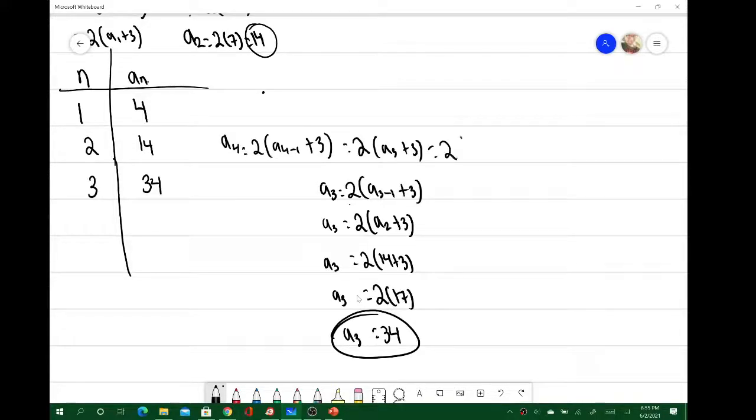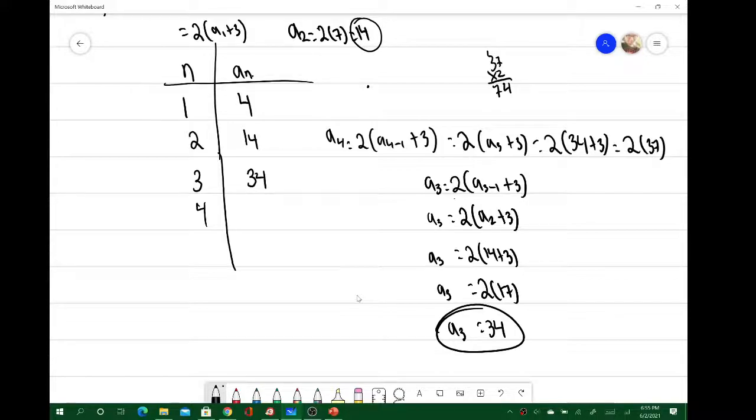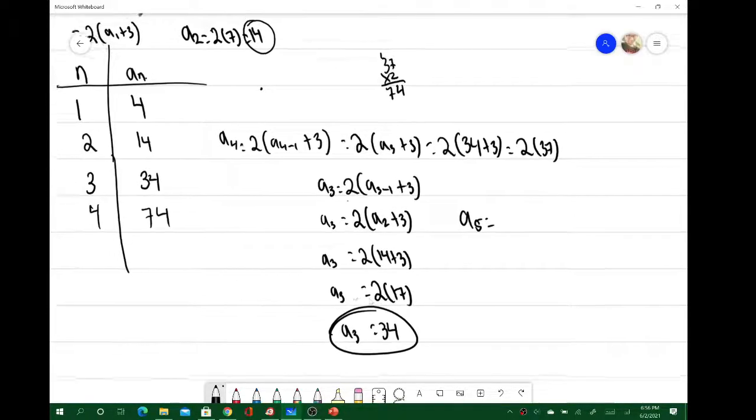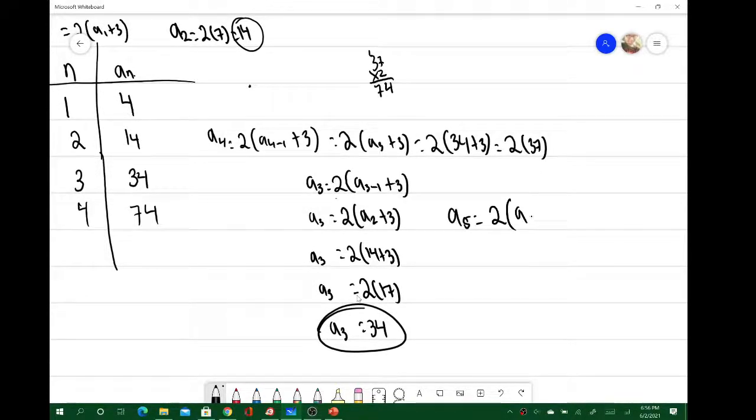So we're going to say this is equal to 2 times 34 plus 3. This is 2 times 37, and 37 times 2 is 74. So when n equals 4, a sub n is 74. And when n equals 5, a sub 5 is equal to 2 times a sub 5 minus 1 plus 3.